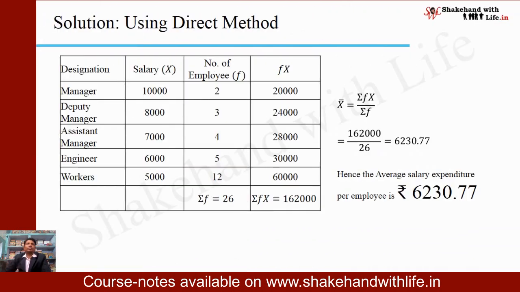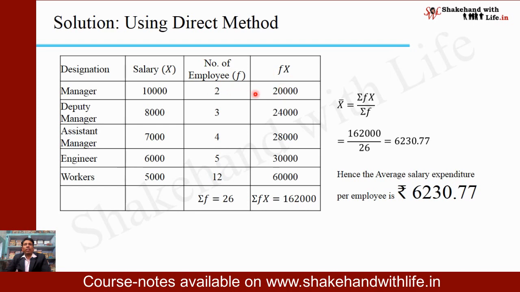So how would you calculate? First you need to arrange the data in this way. In the first column, designation of the employee, in the second column, salary according to the designation, and in the third column, number of employees. This is the frequency. The salary can be denoted by X, and the number of employees by F. In the fourth column, you will find the product of the second and third column, that is Fx.